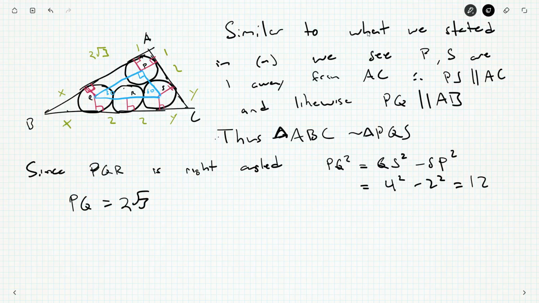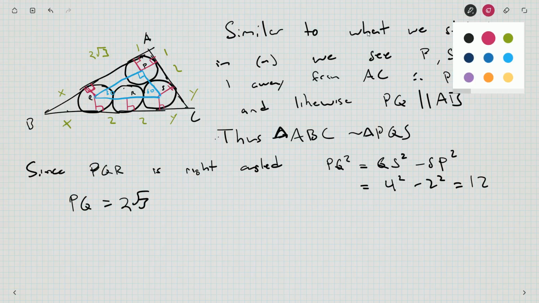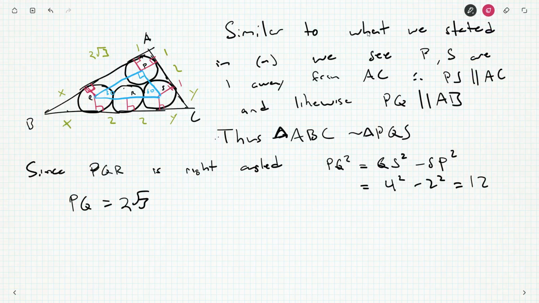I think I'm going to have to name these perpendiculars, which I was really trying to avoid. D, E, F, G, H, I, J. Okay.